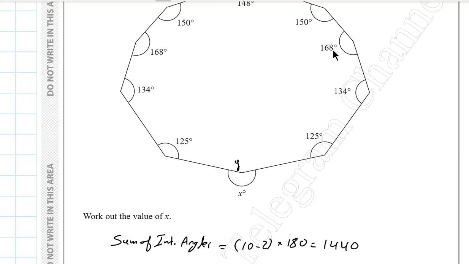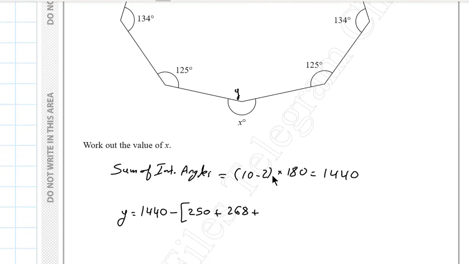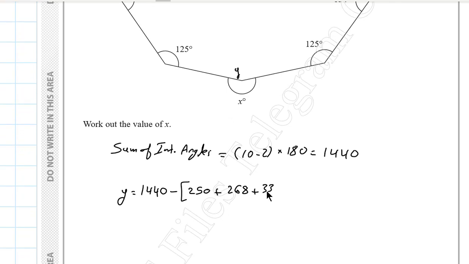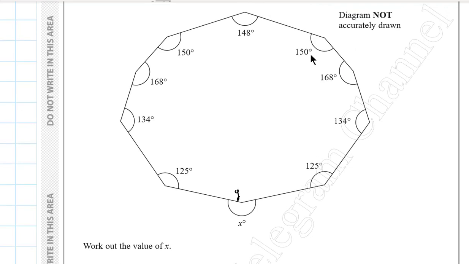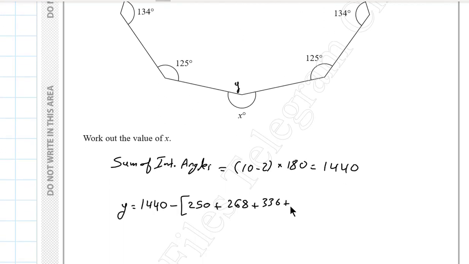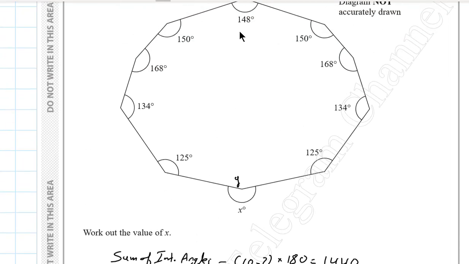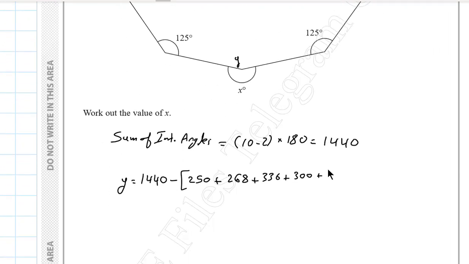double 168, 150 plus 151, 318, 336, and then plus double 150, which is 300, and only 148.